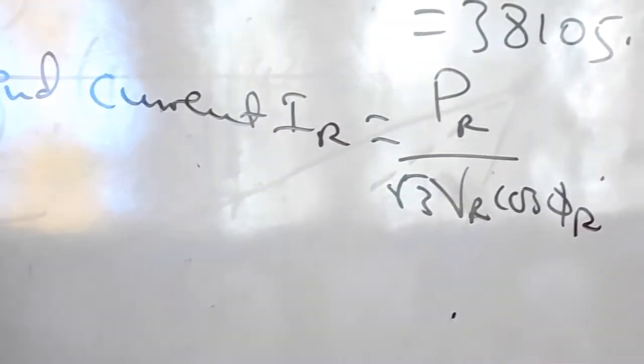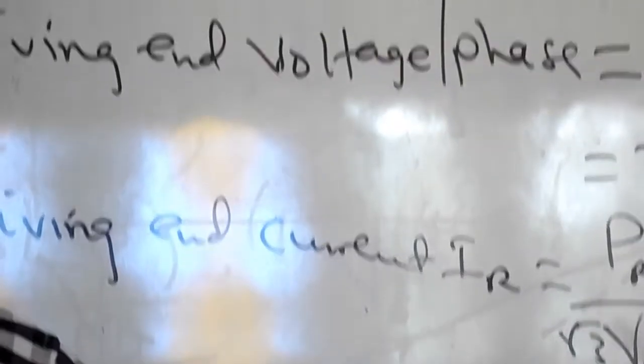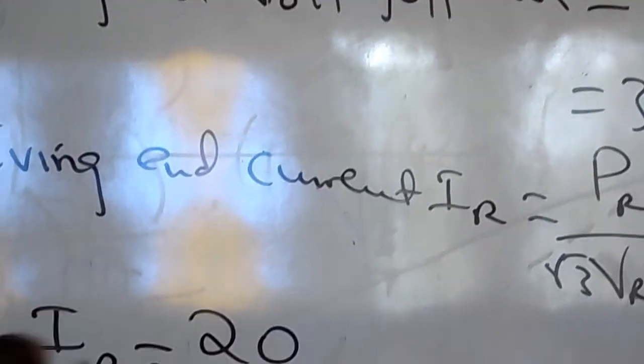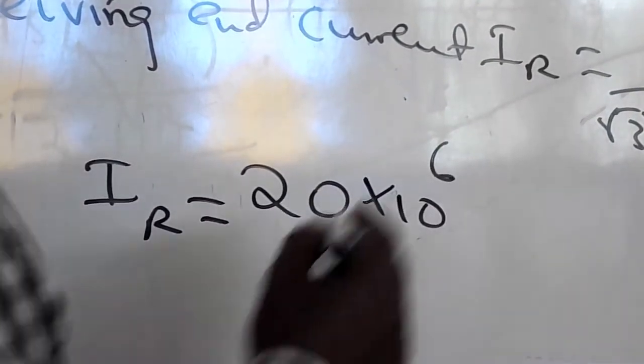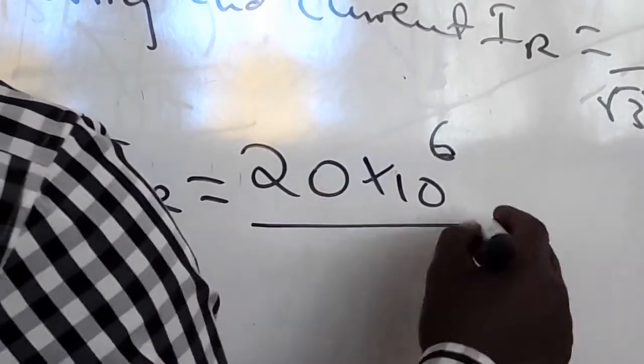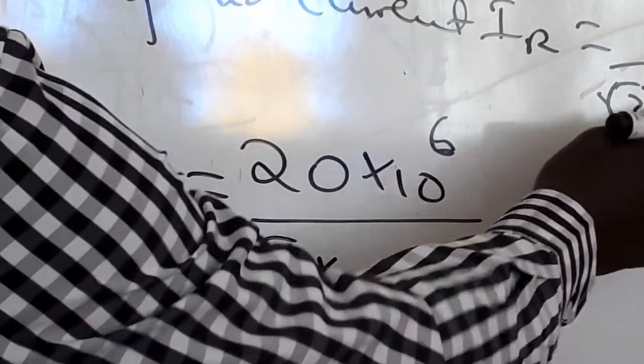So IR is equal to the receiving end power, 20 megawatts, that is 20 times 10 power 6, all over root 3 times the receiving end voltage.